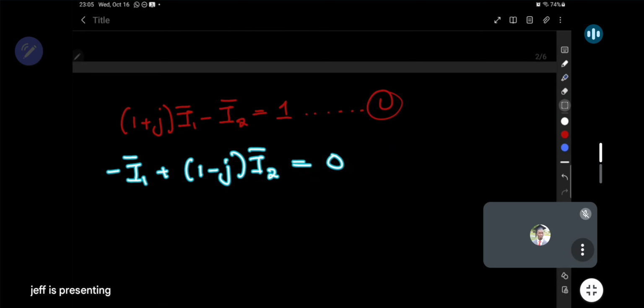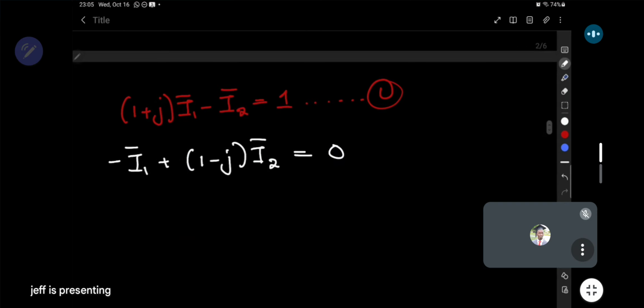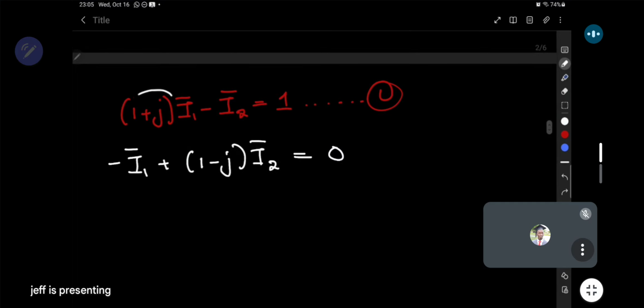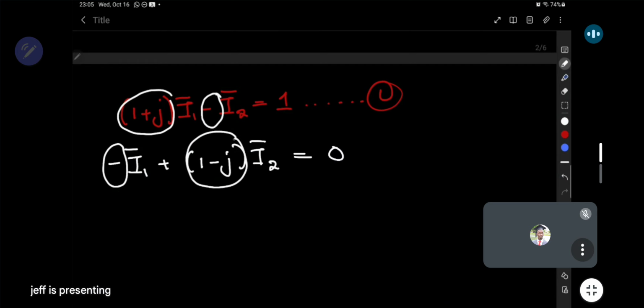The goal here is to find I1, I2, and I3. But first, we need to find the determinants. So we start with the main determinant. We'll get the coefficients here. We see that here we have 1 plus j. Here we have -1. Here we have -1. Here we have 1 minus j.